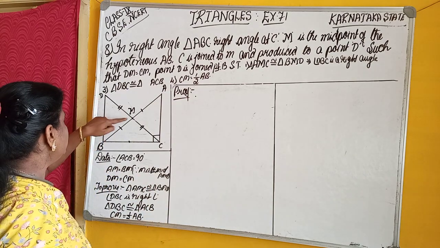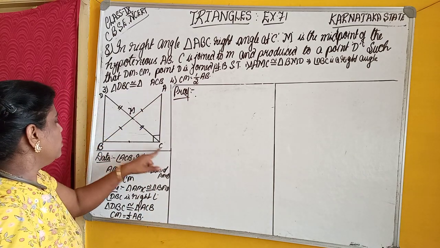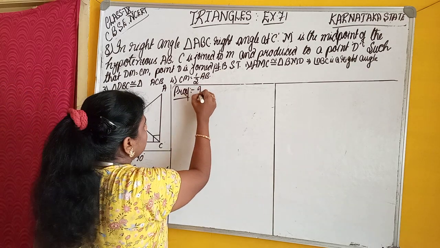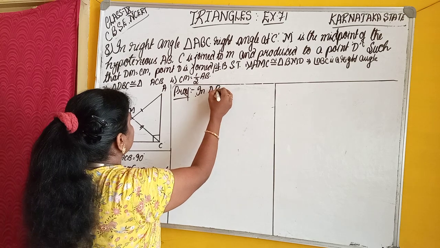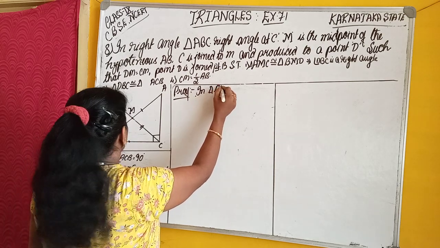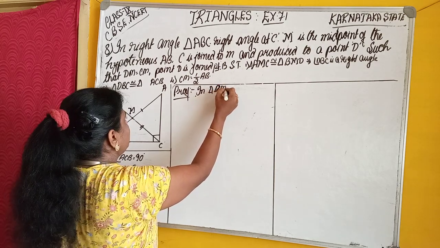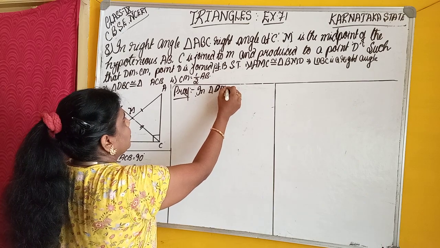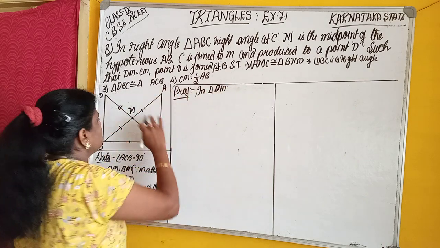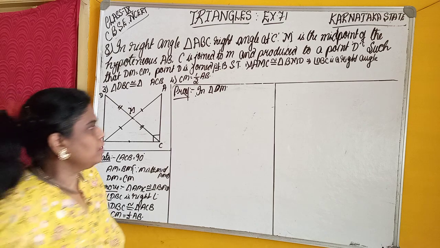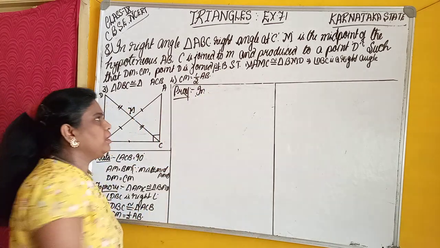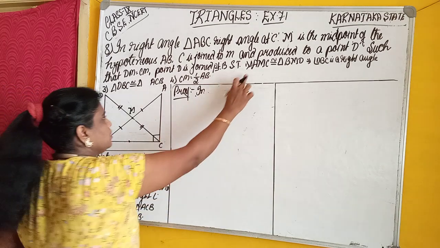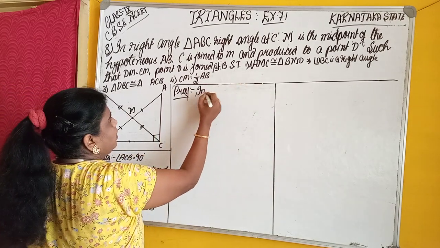In triangles AMC and BMD, because don't get confused. Here, while taking what is given, just like that only I am taking.